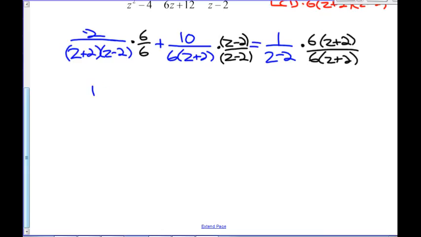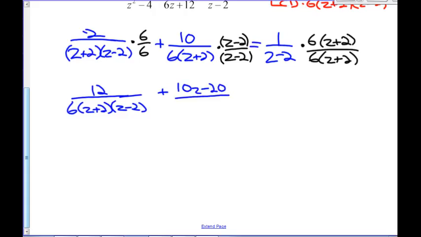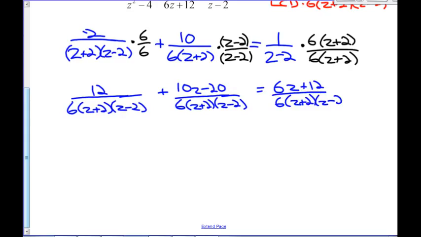Okay, I'll rewrite this so I have 12 all over 6, Z plus 2, Z minus 2, plus 10Z minus 20 all over 6, Z plus 2, Z minus 2, equals 6z plus 12 all over 6, z plus 2, z minus 2.